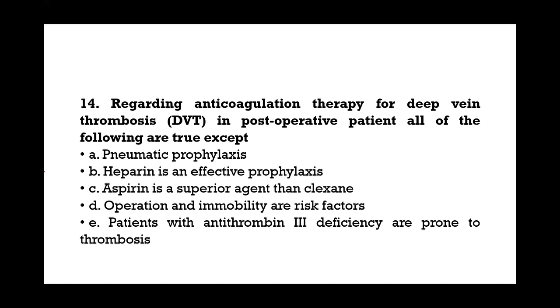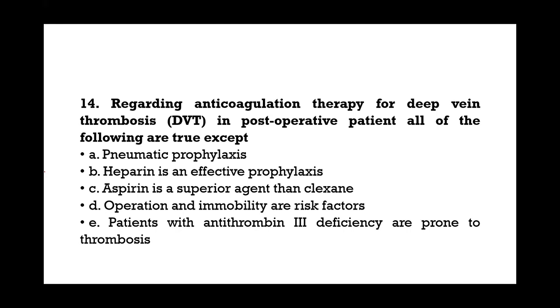You know, there are certain operations, major operations of the pelvis, operations involving malignancy. All these are risk factors for patients to develop DVT. Now, there are some modalities you take in preventing DVT, which could be mechanical or chemical.